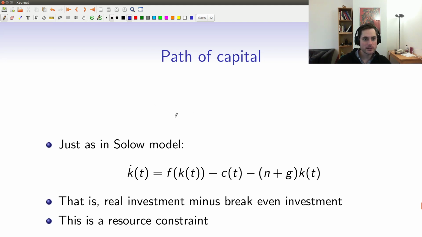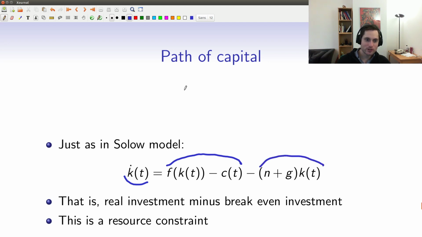All right, now we're going to have another equation we haven't talked about, but we can get it just like we did in the Solow growth model. The change in the capital stock is going to be equal to savings minus break-even investment.